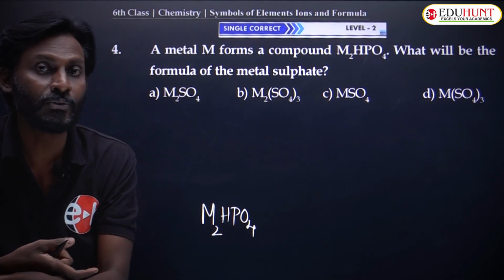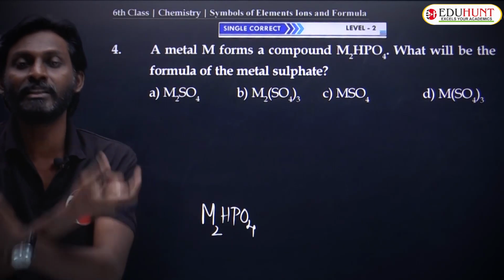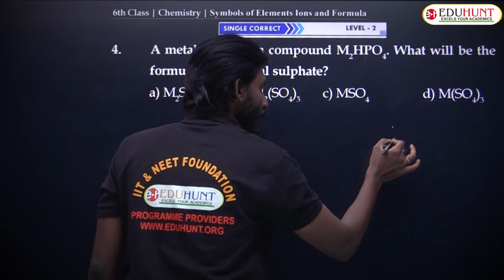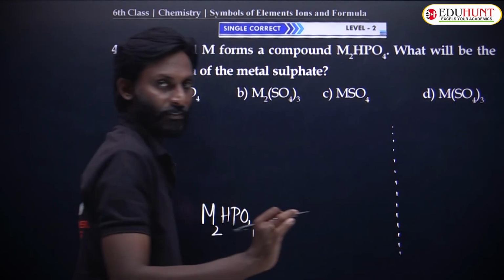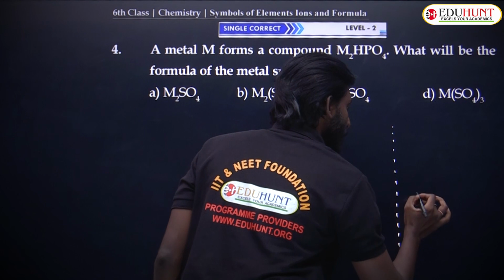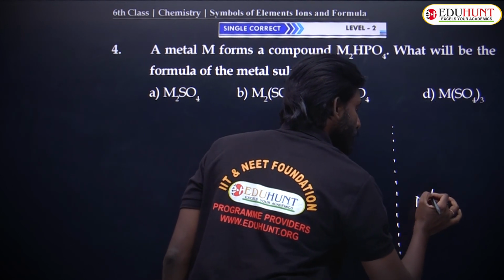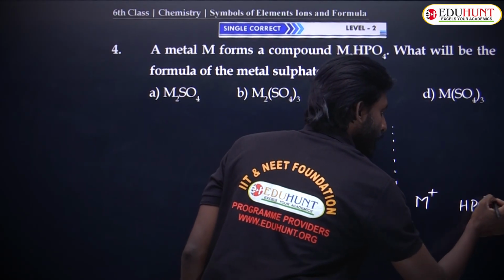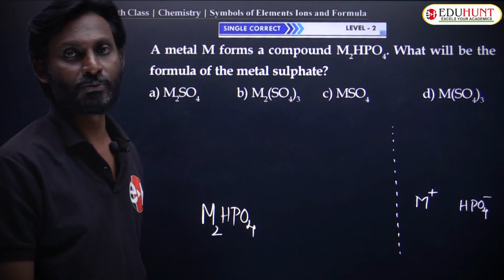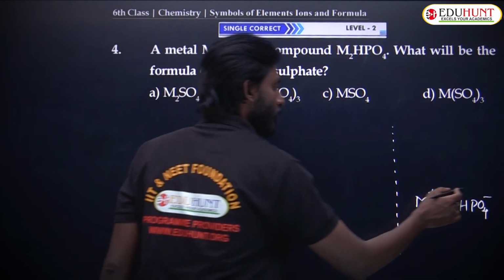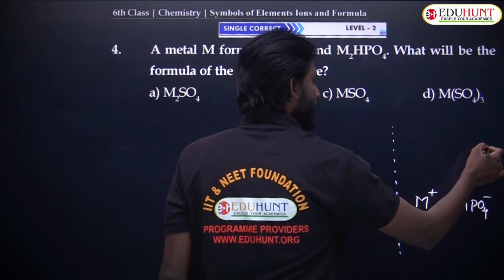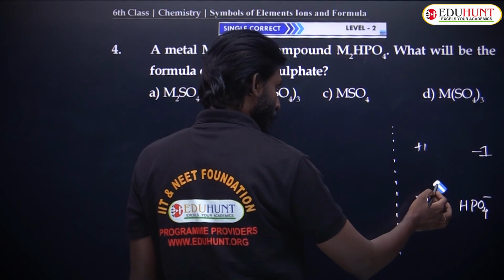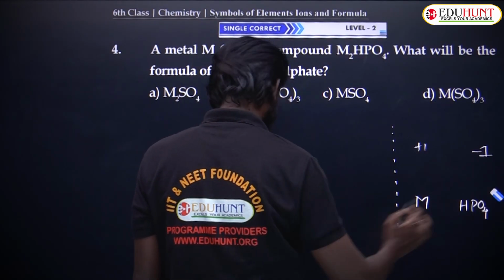Now I have the formula, and I will reverse the crisscross process to get the ions. So first of all, I will show the crisscross method once again. Suppose you have ions given like this, M plus, HPO4 minus. What you have to do? You have to raise the charge, okay? Like it is -1, it is +1.